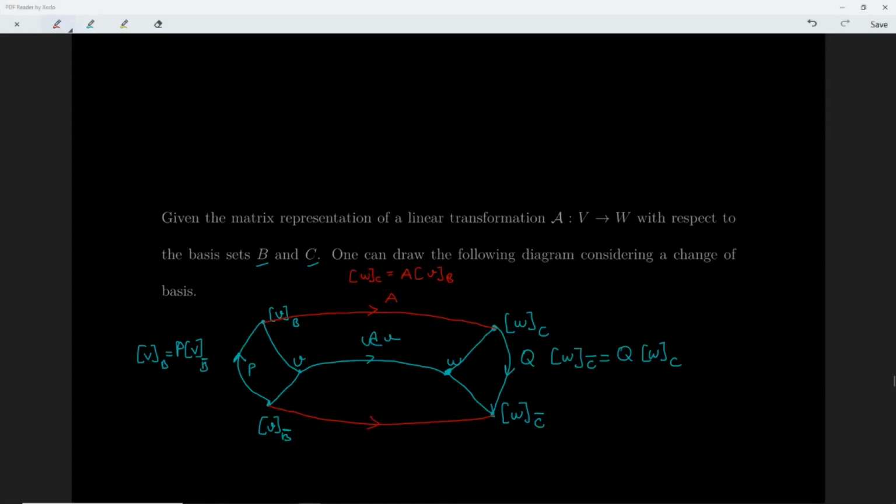So this is a second matrix, let's say A bar, and that A bar relates the representation of V with respect to B bar to the representation of W with respect to C bar. And our question is, what is the relationship between A bar and A?